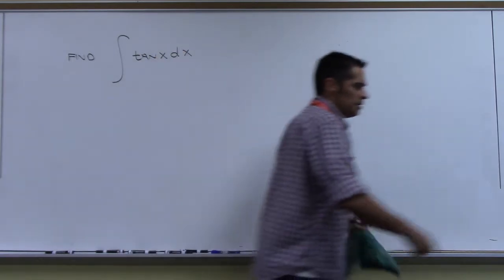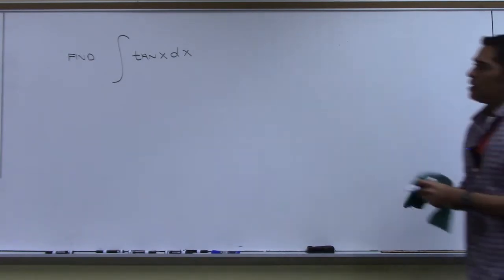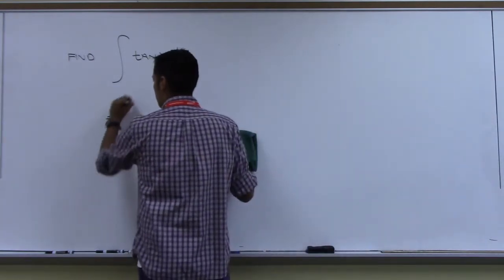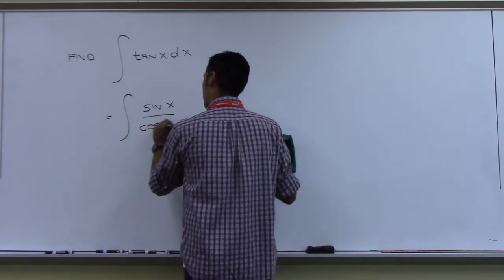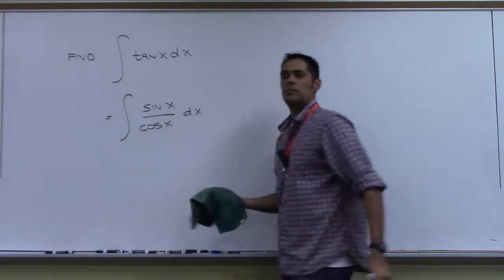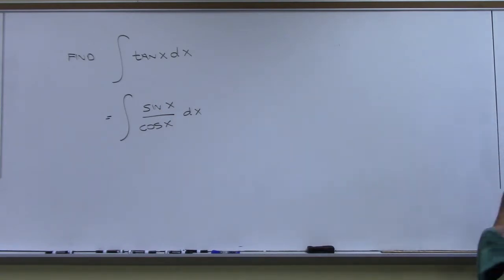What should my answer be? The formula is formula 12: natural log secant u, right? That's what I should get? Or natural log secant x here. So here's what I do. I'm going to turn it into sine x over cosine x. That's tangent. Anyone have an idea what to do with that?